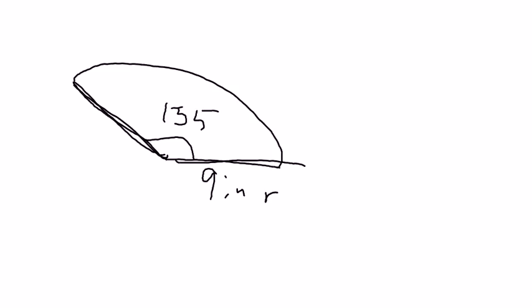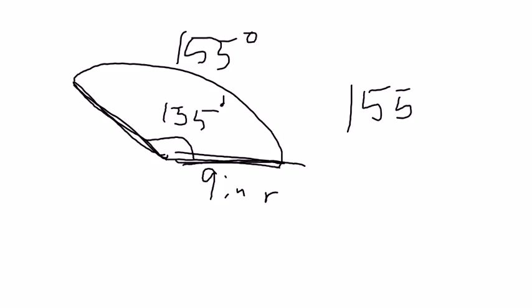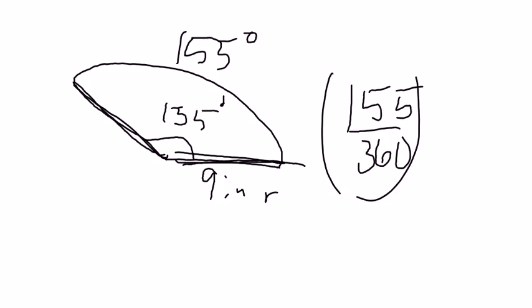So my radius here is 9, and my angle is 155. So again, the arc measure is going to be the same as the central angle, and so I would just do 155 over 360 is my ratio, and then I need the area.